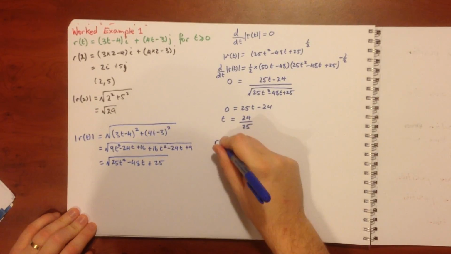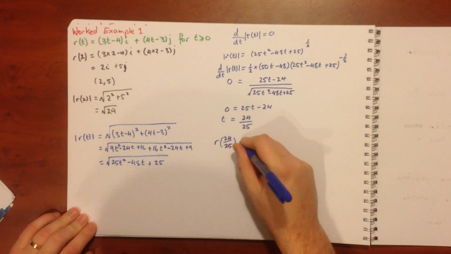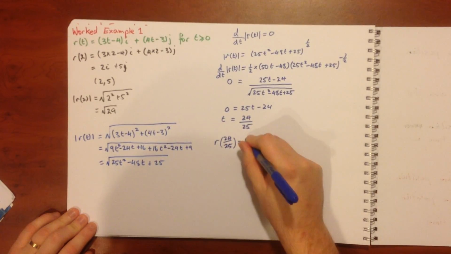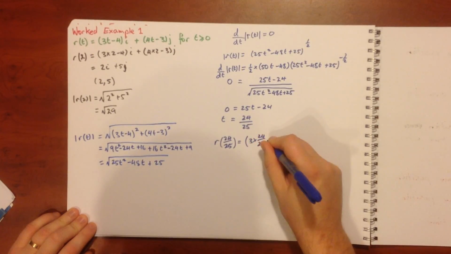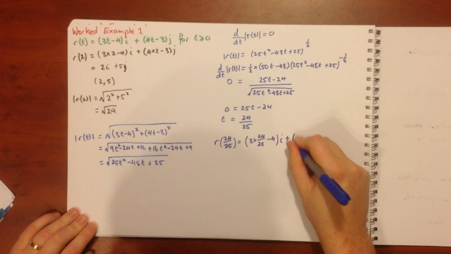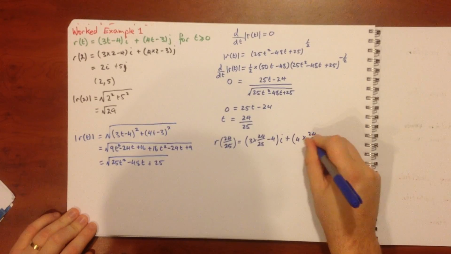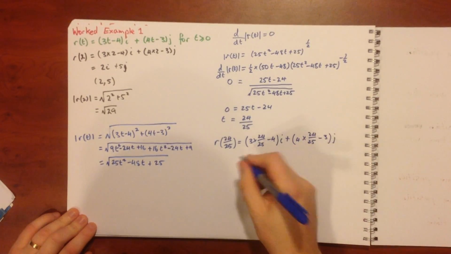So we'll say, well, r of 24 on 25 is equal to 3 times our 24 on 25 minus 4i plus 4 times our 24 on 25 minus 3j.